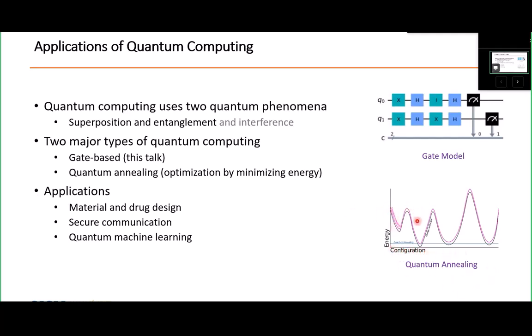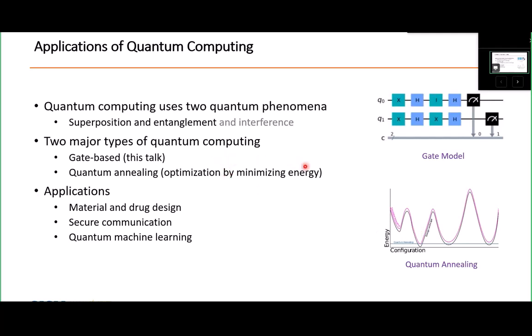We hope that eventually it will find the minimum energy, and that will correspond to the optimal solution. That is what D-Wave has been doing. And one critical point is that in this type of annealing system, you are allowed to have tunneling. So it is easier to find the minimum energy compared to the classical annealing algorithm.